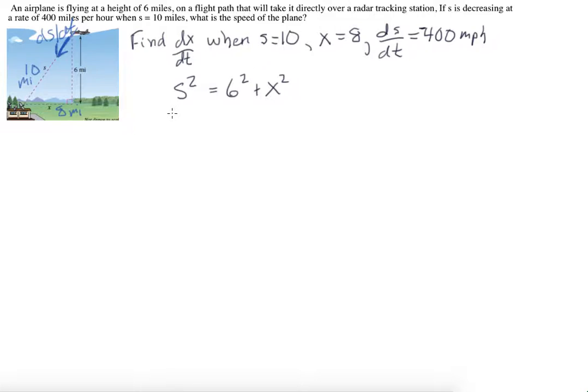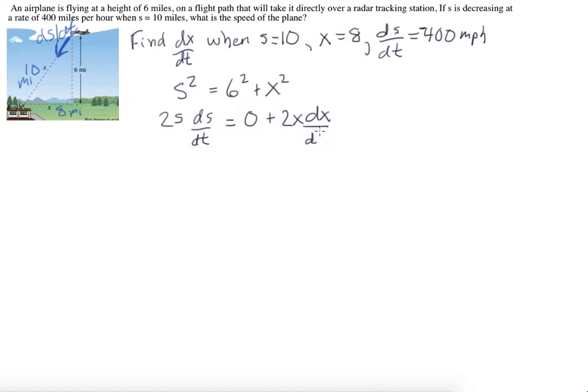And so I'm going to take the time derivative of both sides. Taking the derivative of s squared with respect to time, we get 2s ds/dt, and again that's because s is a function of time. The derivative of 6 squared is 0, and the derivative of x squared with respect to time will give us 2x dx/dt.